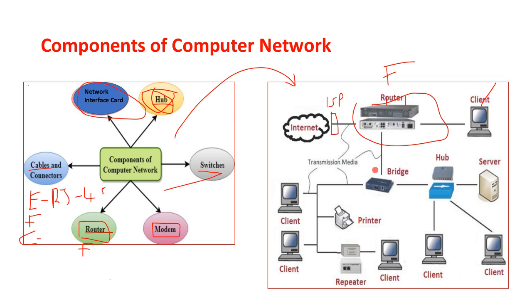Then from here, what's commonly used is the switch. So usually you come from the router to the switch. It is from the switch that you can now connect several clients, several desktops or several laptops. The switch usually has several ports, while routers have limited ports.